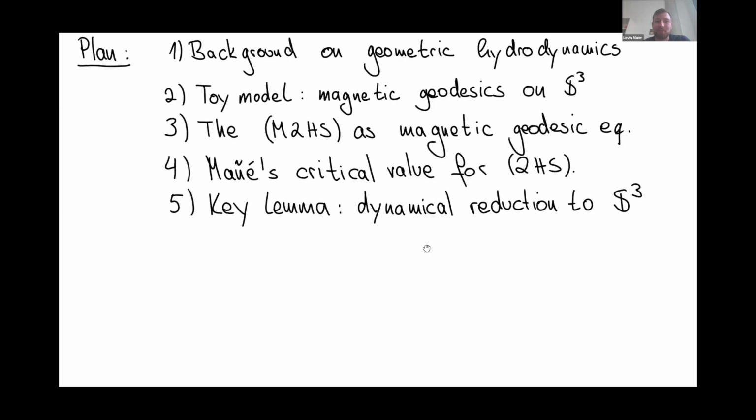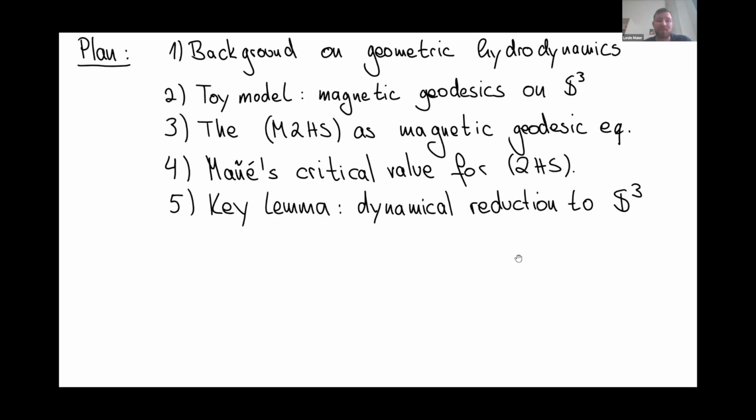So the plan of the talk: first of all, I will try to give you a background on geometric hydrodynamics to recall basic notions. Then we will go to the toy model, magnetic geodesics on S3. Then we will go to the most possible generalization of that toy model, the magnetic two-component Hunter-Saxton equation as a magnetic geodesic equation, where we have a PDE as a magnetic geodesic equation on an infinite dimensional space.